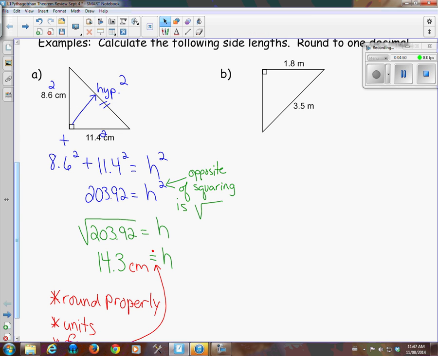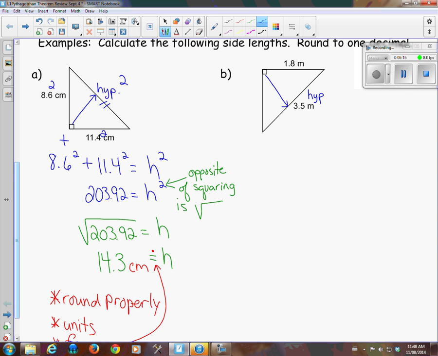B is a little bit different than A. When I look at B, I still want to do the first thing, locate the hypotenuse. When I locate the hypotenuse, right angle pointing to it, there's my hypotenuse. This time, however, I already know the length of the hypotenuse. When I know the length of the hypotenuse, that changes things a little bit because I already know the longest side.